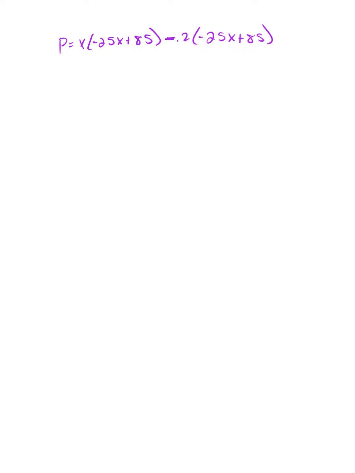Okay, so I've recopied the profit formula from the previous page, and now I'm just going to distribute my X and my negative 0.2. So I have profit equals negative 25X squared plus 85X plus 5X minus 17.